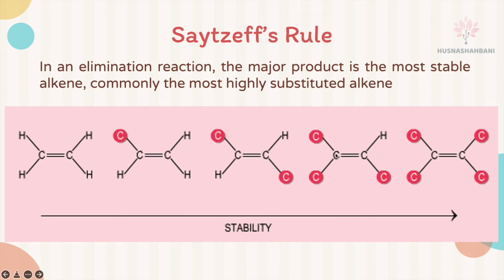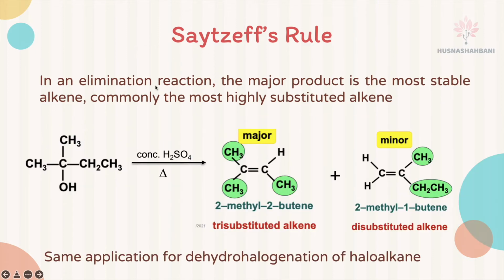For this compound, three alkyl groups are attached to the carbon-carbon double bond, and the final one has four alkyl groups attached to the carbon-carbon double bond. So the more alkyl groups attached to the carbon-carbon double bond, the more stable the alkene is. This is Saytzeff's rule.